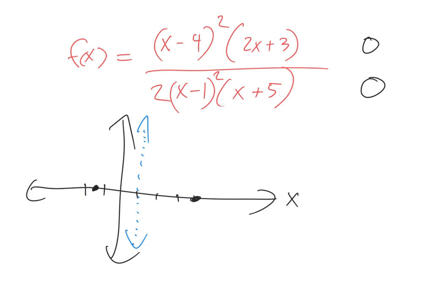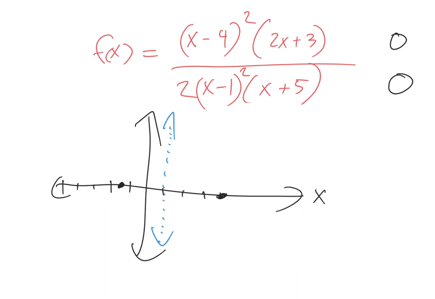I'll have something divided by 0, and we know that something terrible happens when you divide by 0. We cannot do that. We also look and say, at x equals negative 5, so I'm at negative 1, 2, 3, 4, 5, at x equals negative 5, I will also have a vertical asymptote for what's going on there.